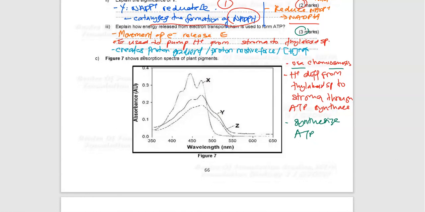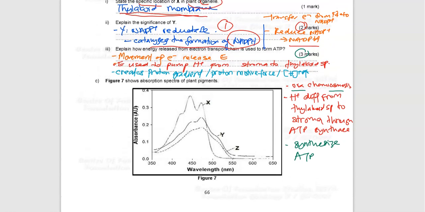So hydrogen ion diffuses from thylakoid space back to stroma through ATP synthase, and the ATP synthase synthesizes ATP. So any 3 of these points, you will get 3 marks.